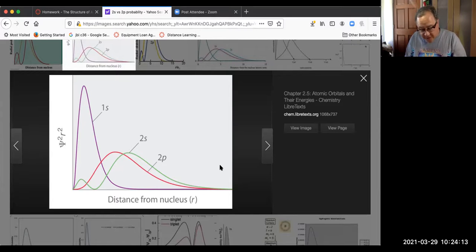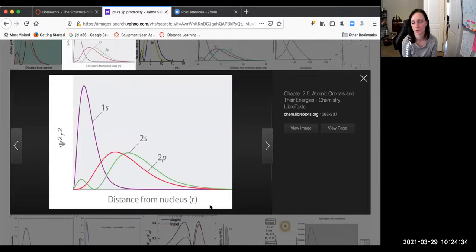The 4s would have three humps. The 4p would have two humps. The 4d would have one hump, and the 4f would have no humps. The more humps you have, the more likely you are to have some electrons near the nucleus. And this is what I mean by the little hump here.